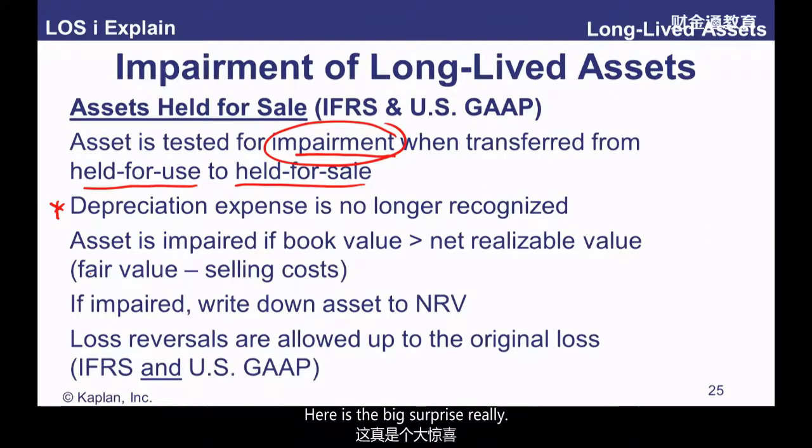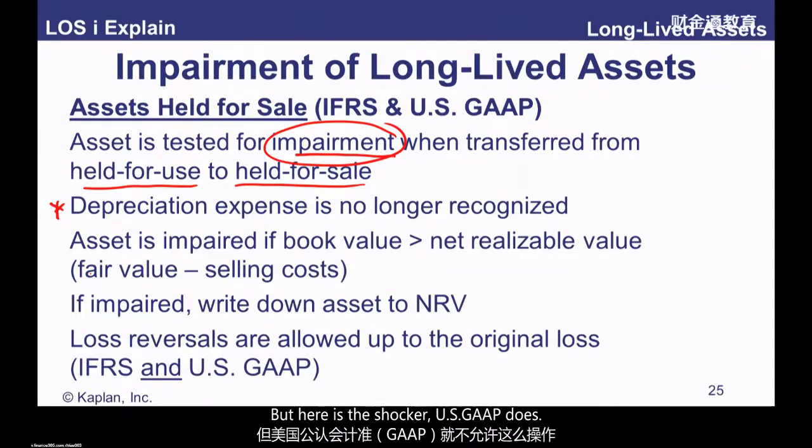Fine. Here's the big surprise, really. IFRS allows you to revalue or reverse any impairment loss. No surprise, IFRS is more flexible, does like you to report economic substance. So it allowed us for most of our impairments, including assets held for use. But here's the shocker, US GAAP does not.